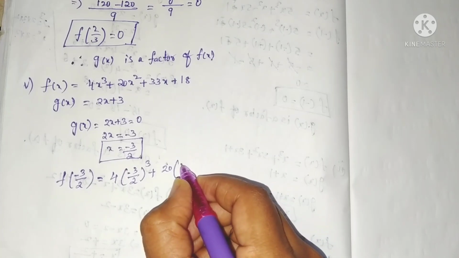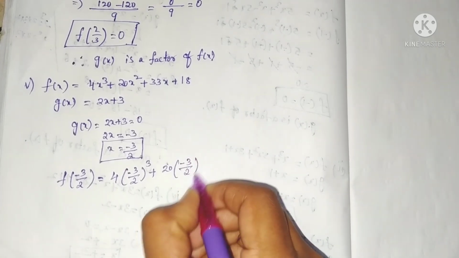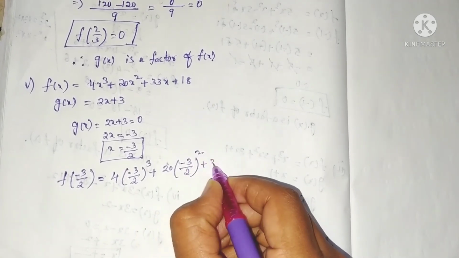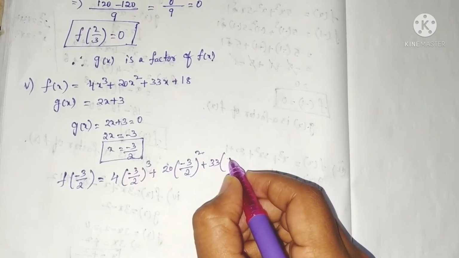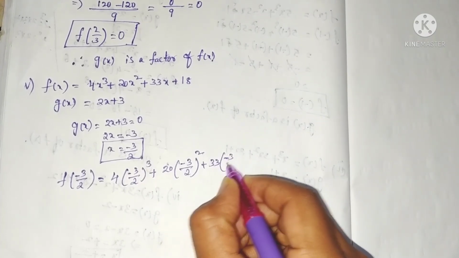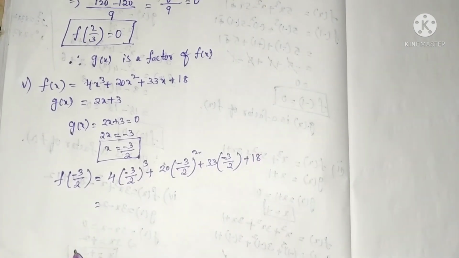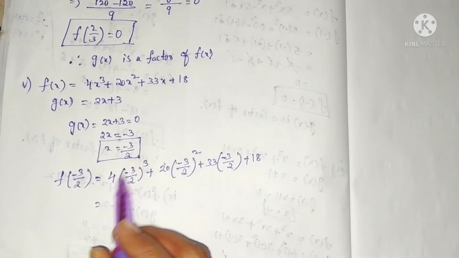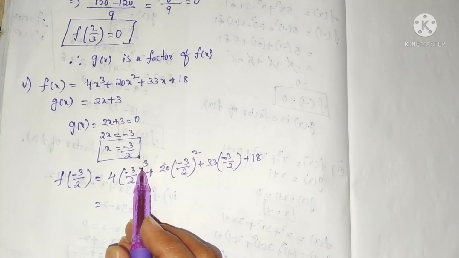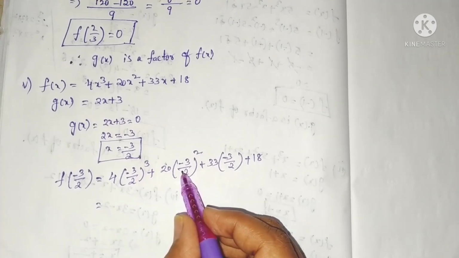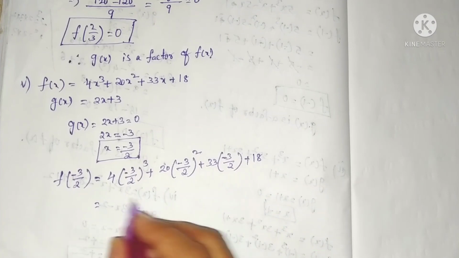Okay, this is very simple. Actually, you have to write just the value wherever you see x, plus 18. Okay, so now minus whole power odd number will be minus, minus whole power even number will be plus.